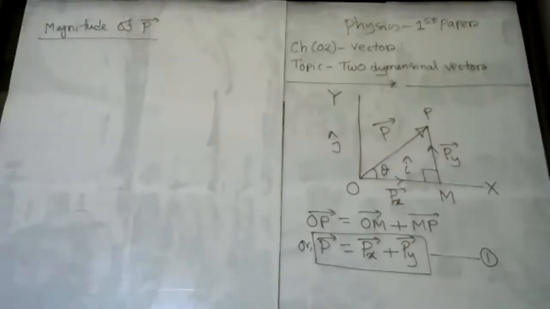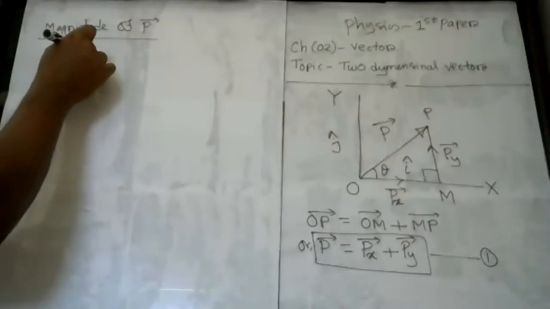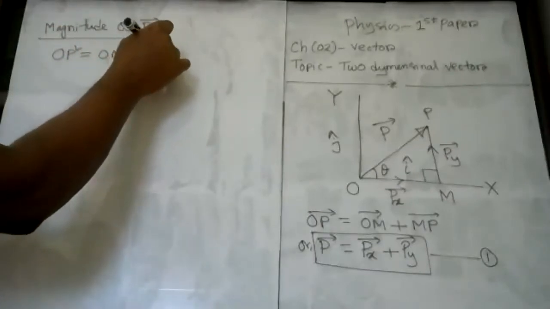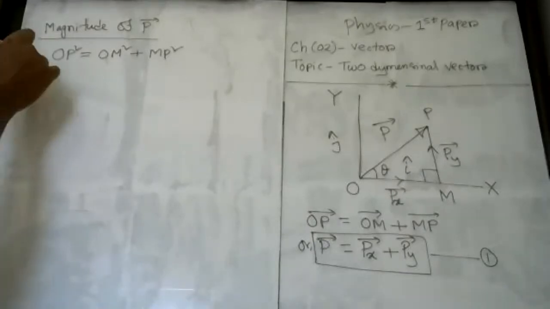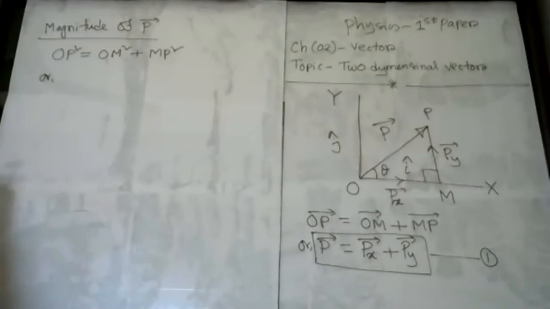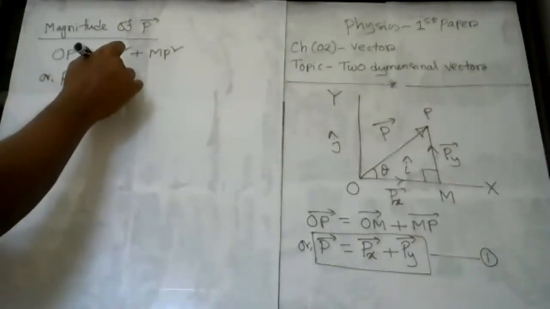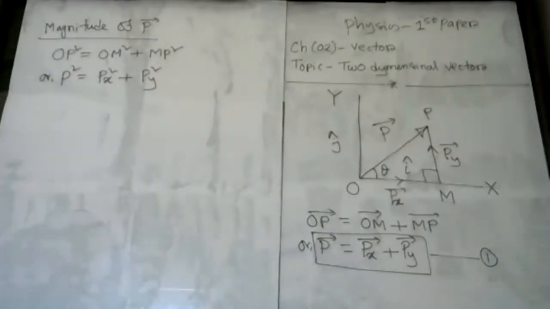If we apply the Pythagoras theorem, then OP square will equal OM square plus MP square. Now put down the magnitude only here: P square will equal Px square plus Py square.